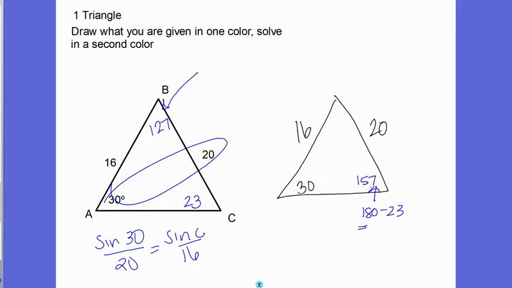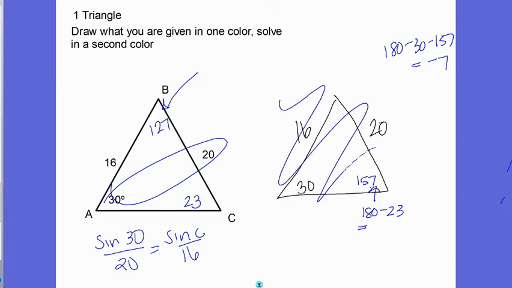And then I need to ask myself, can I make a triangle? Well, 180 minus 30 minus 157 would be a negative number. When I do that, I actually get -7. Okay, can I make a triangle with an angle of -7? No. So the second triangle doesn't exist, and this one only has one.